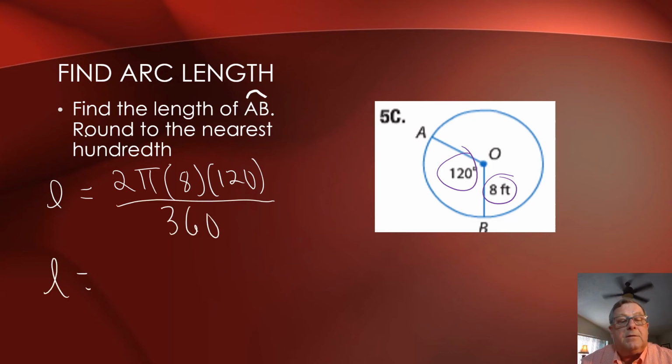And so then the length is going to be 2 pi times the radius of 8 times the central angle of 120, divided by 360, the total measure of degrees in a circle.